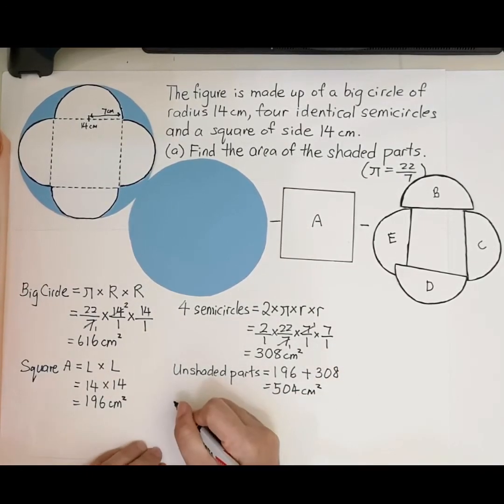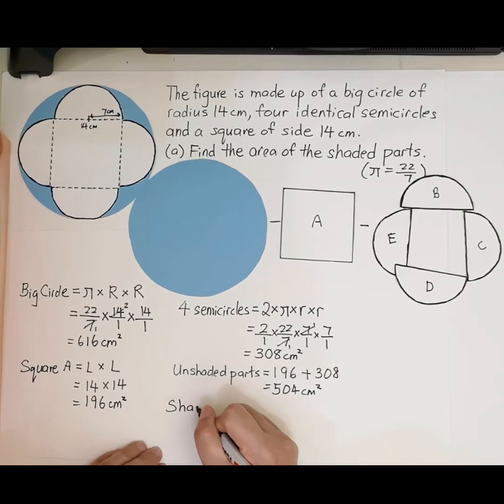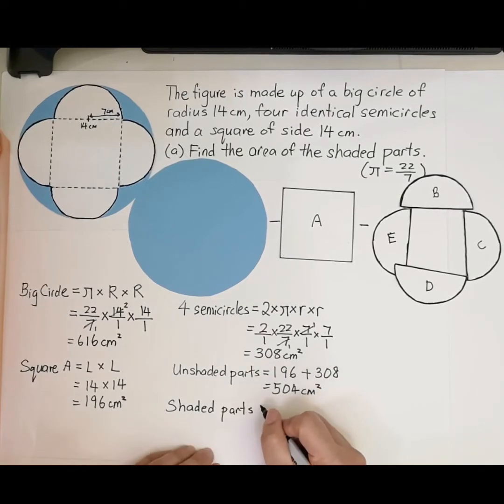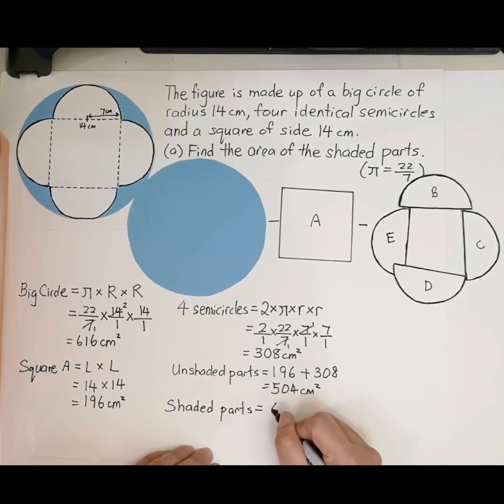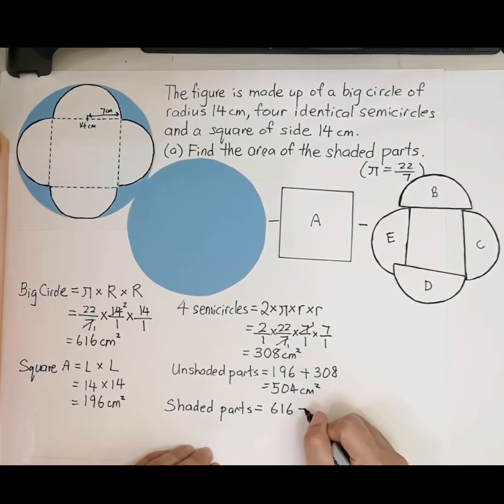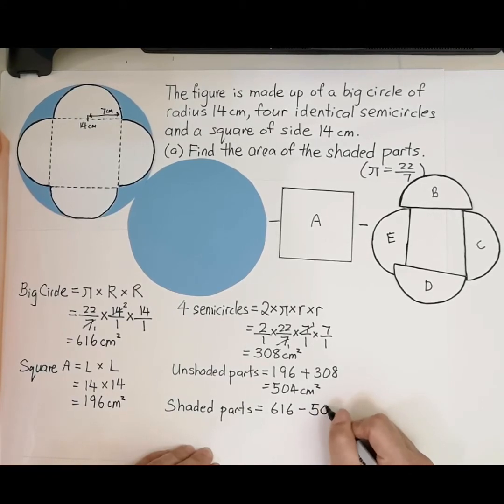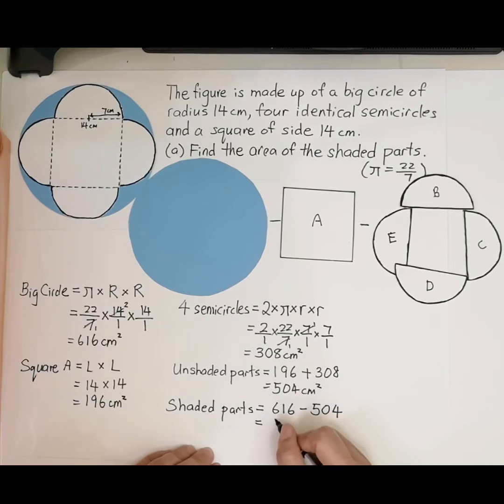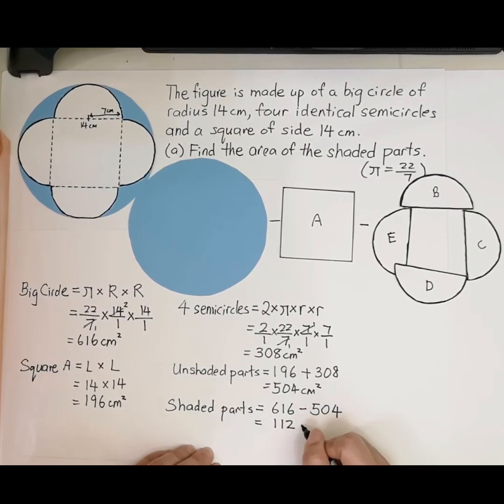So to find the shaded parts, we will take the area of the big circle, take away 504, and that will give us 112 square centimeters.